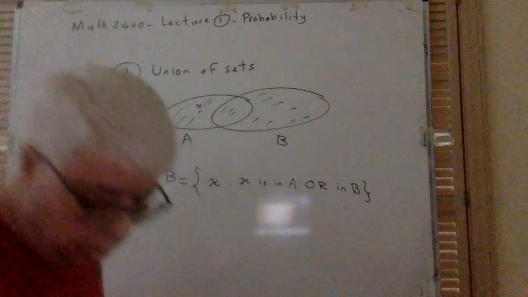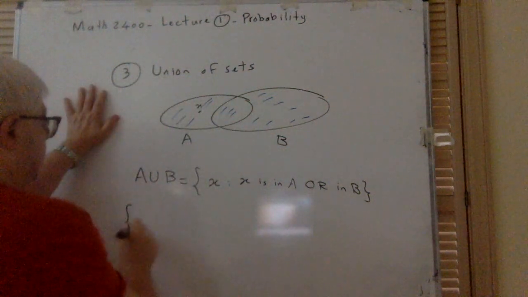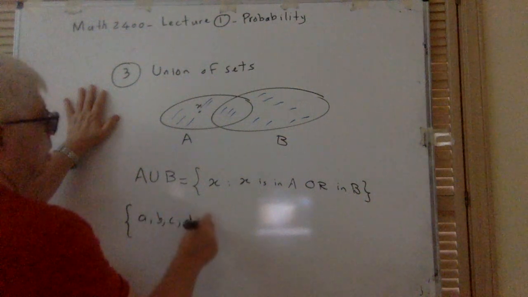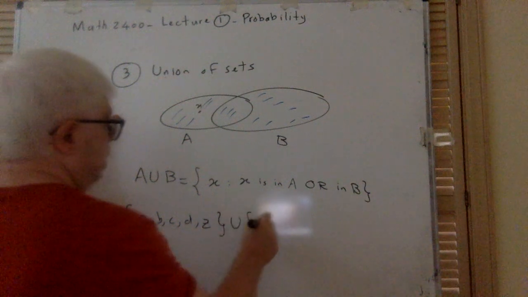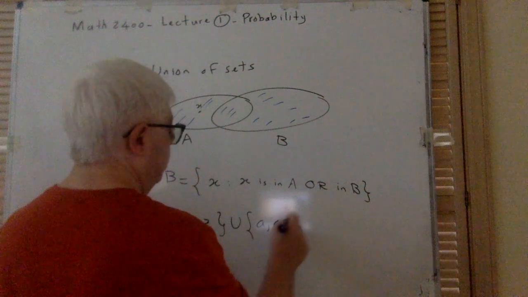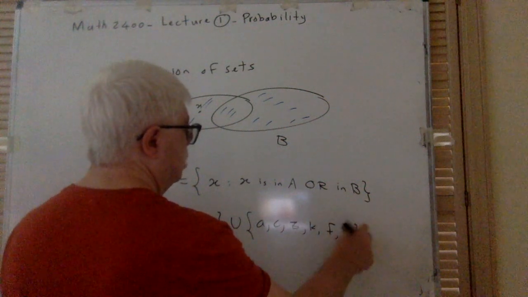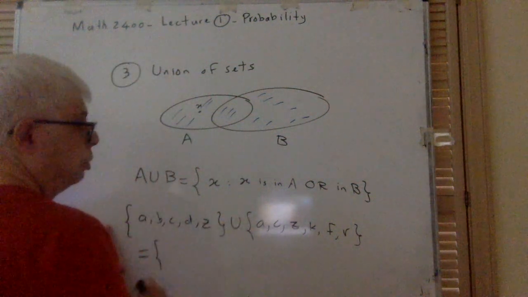So let me give you an example of a union. If I have, say, A, B, C, D, Z, and union with, say, A, C, Z, K, F, and so on, then let's just put them together.